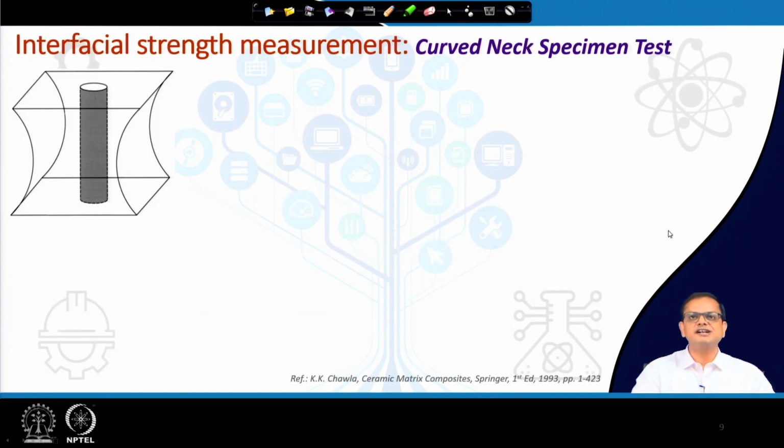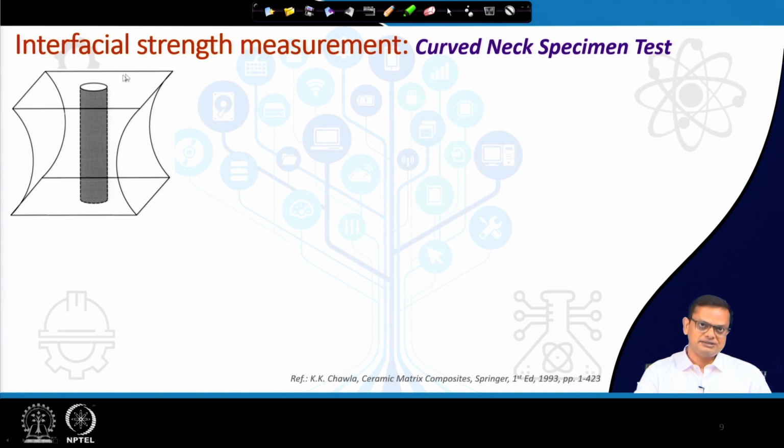The first test which I would like to mention here is quite old, and this technique was primarily used for polymer matrix composites, but now it can be used for other matrix composites also, metal matrix composites also. It is called the carved neck specimen test.